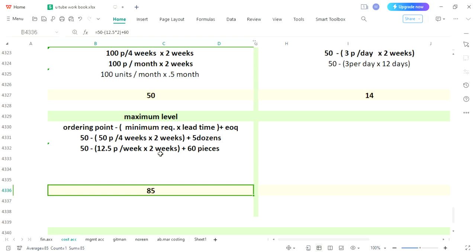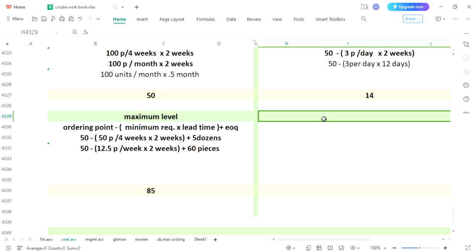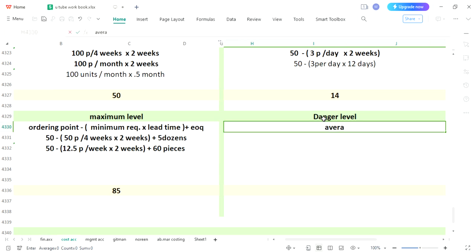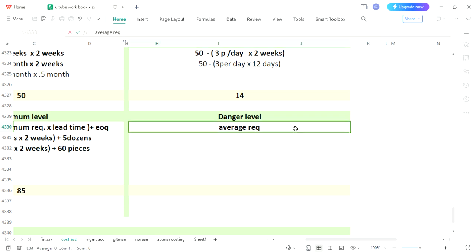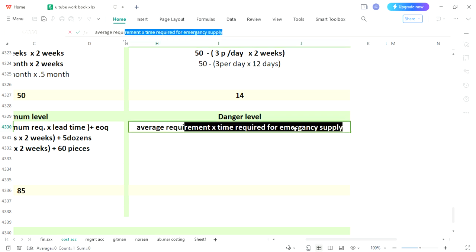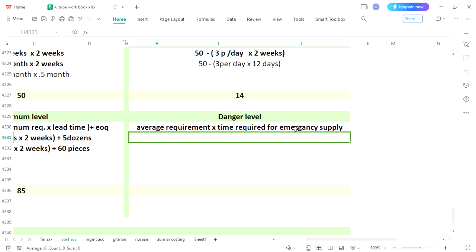So 3 requirements had been completed, and finally we will see the last requirement, which is danger level, for which we have our formula: average requirement multiplied by time required for emergency supply.